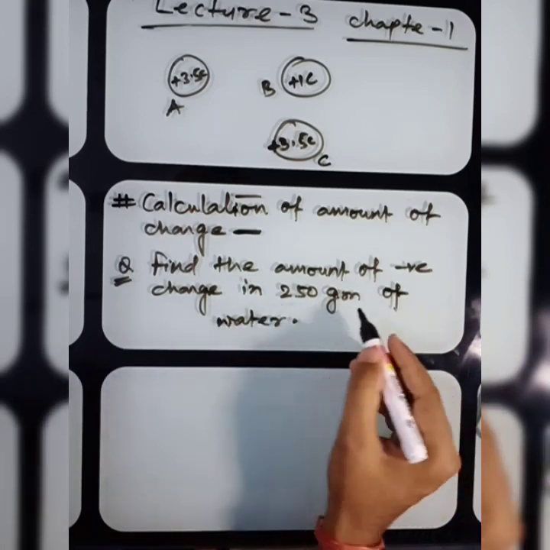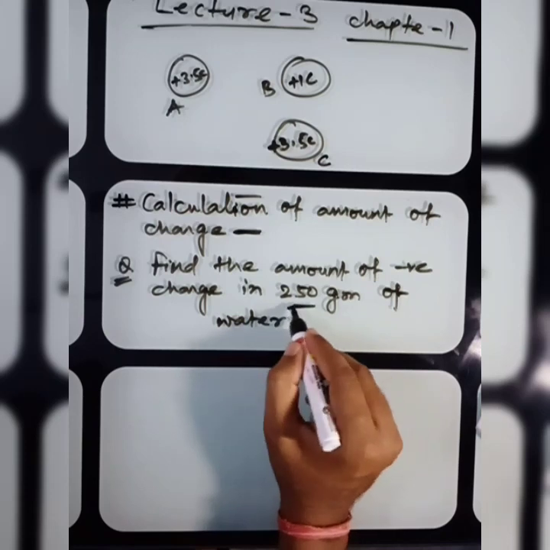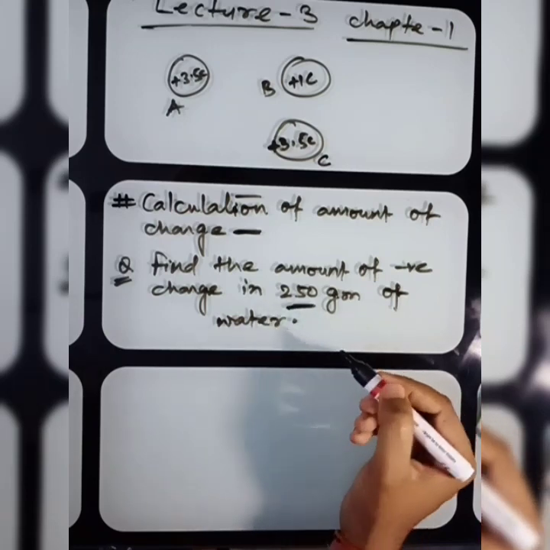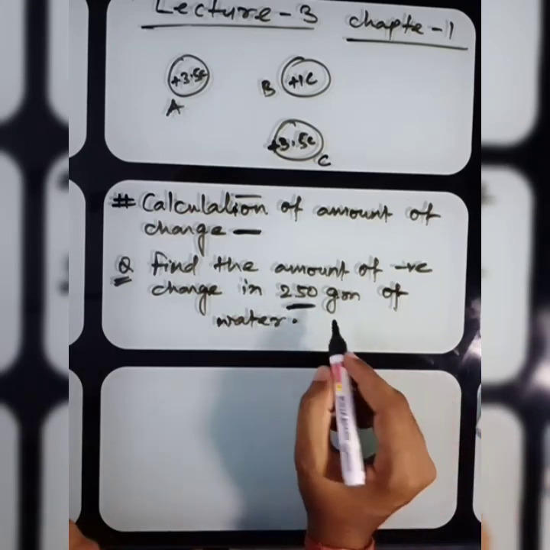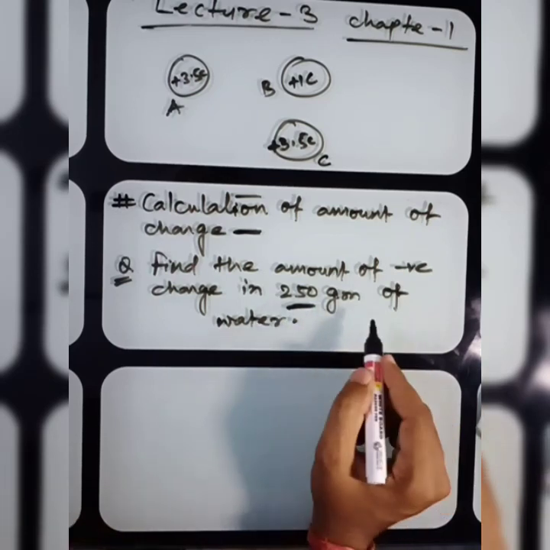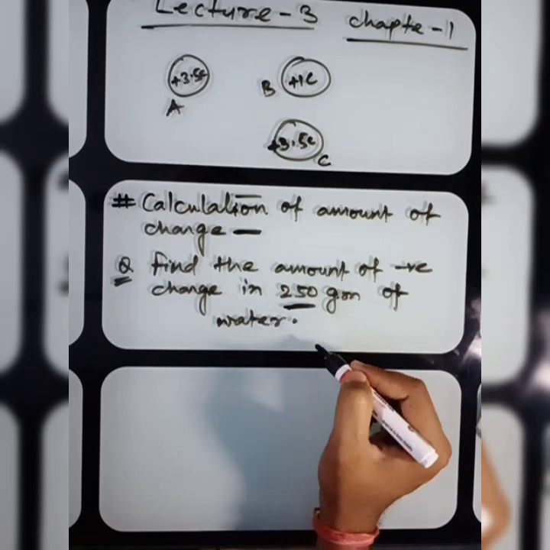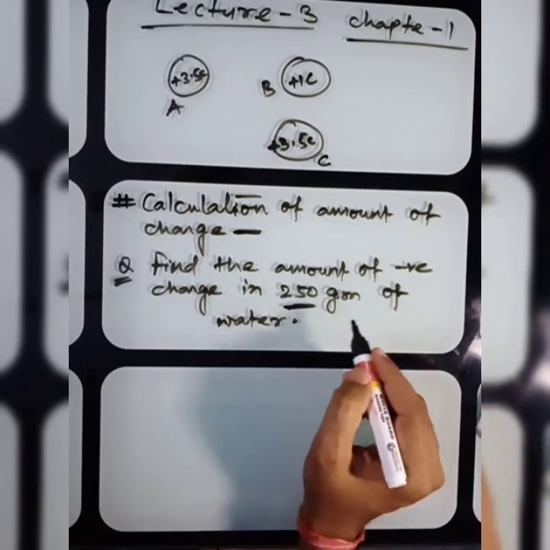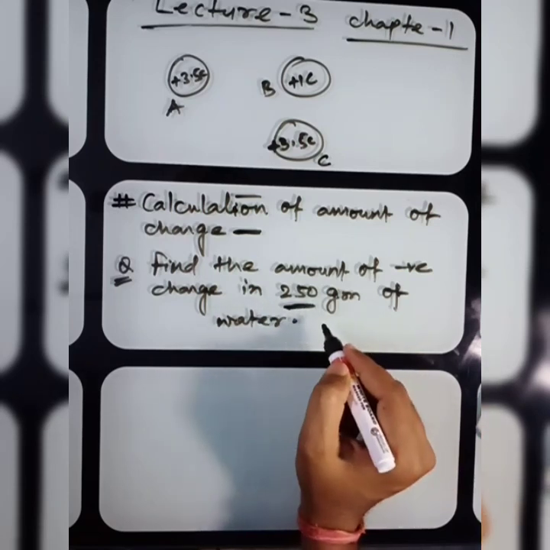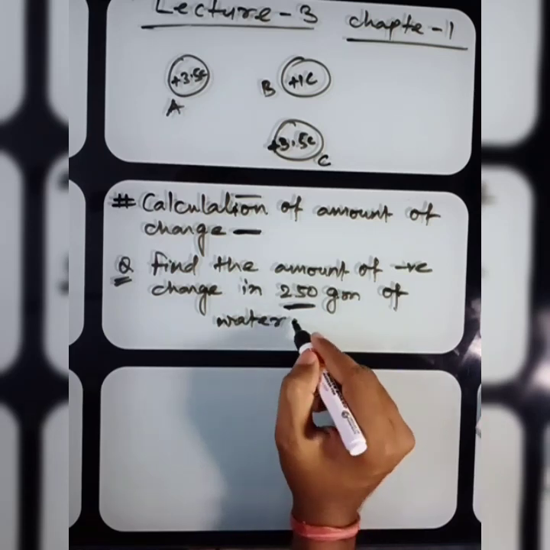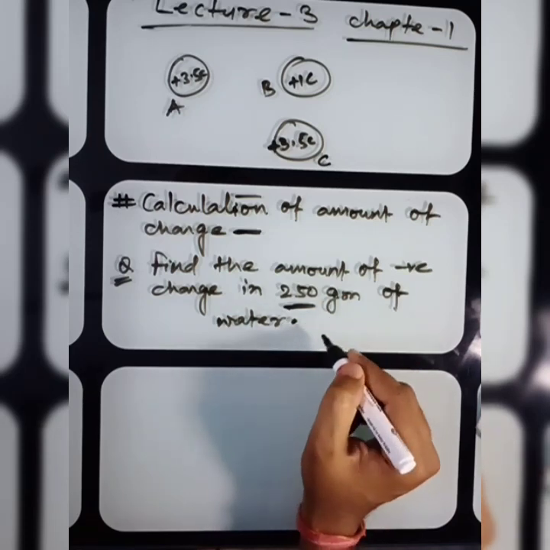That is, probably 1 cup of water contains 250 gram. It is not a standard data, but you should remember in examinations sometimes it is asked: in 1 cup of water, calculate the total amount of negative charges. So how will you solve this question?